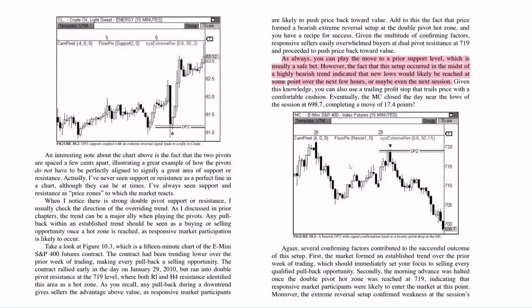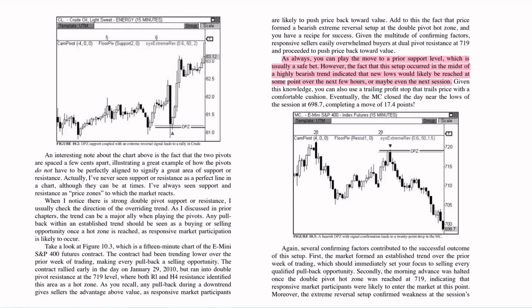And now coming to E-mini, this is also a 15-minute chart, and here he is facing some resistance at R1 and H4. Both the resistances are at the same zone, and that zone is called the golden pivot hot zone.